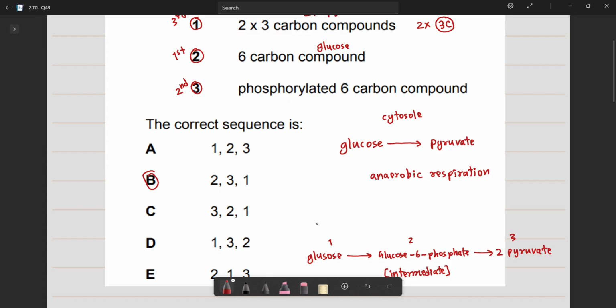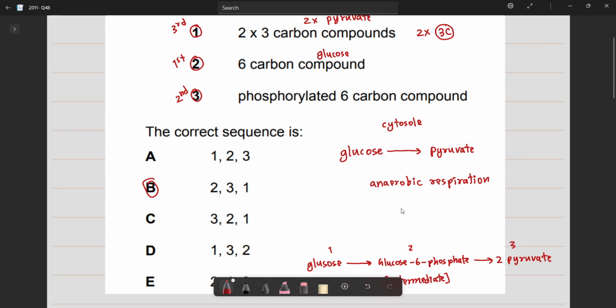The glucose turns into a phosphorylated carbon compound, which is the intermediate step, glucose 6 phosphate, and then the final step is the 2 pyruvate compound. This is the final step of glycolysis, its main product. So this is the final answer for this question.